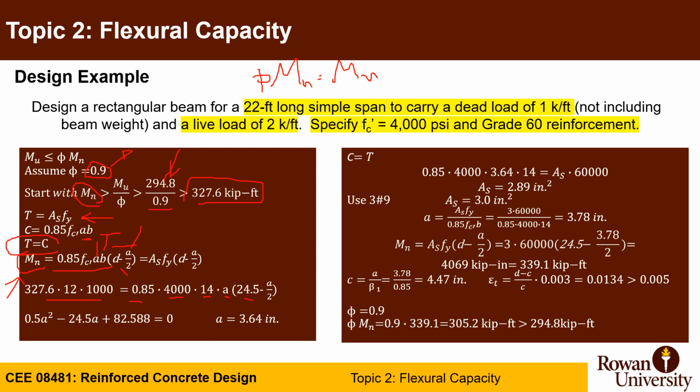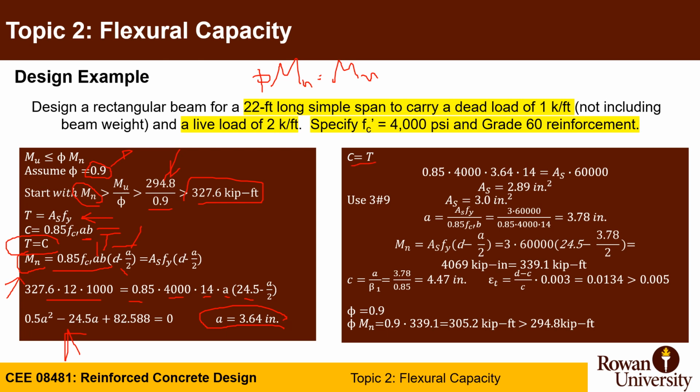You solve this equation here, 0.5 A squared minus 24.5 A plus 82.588 equals 0. It gives you an A value of 3.64 inches.